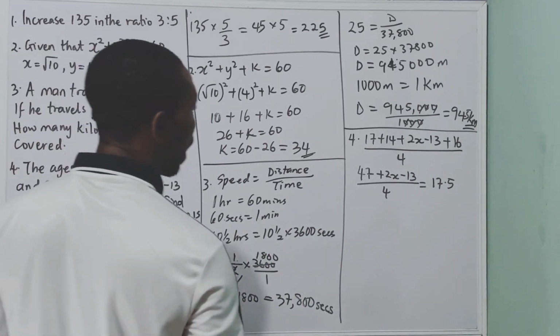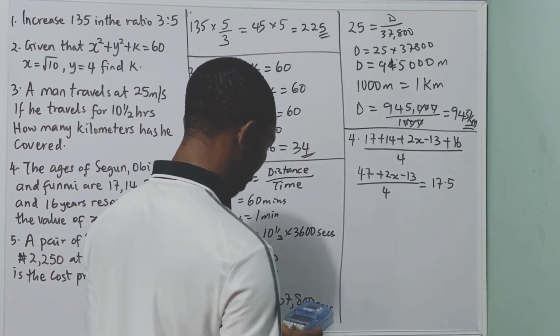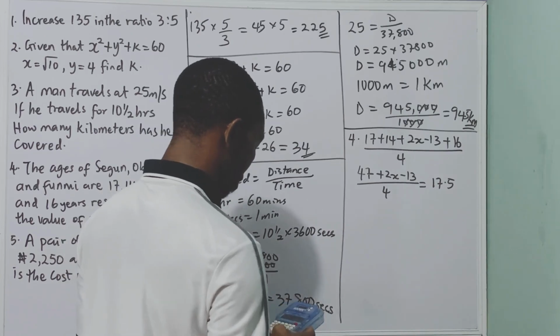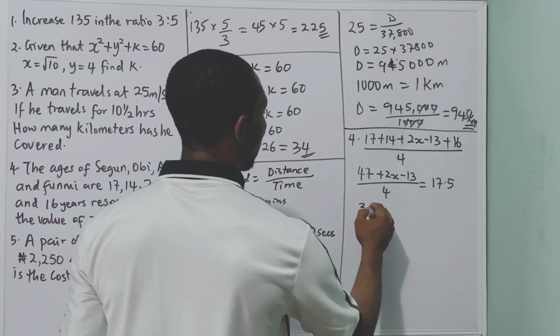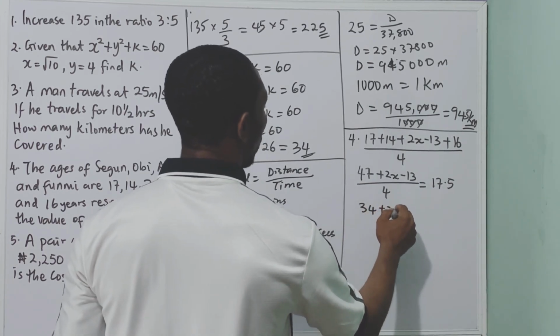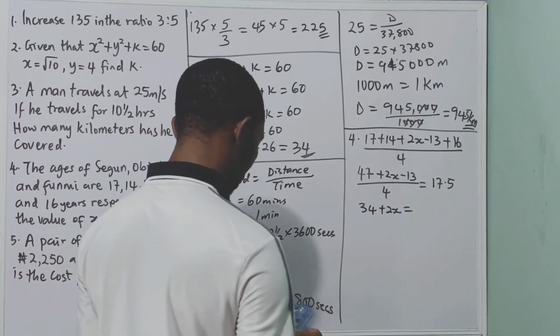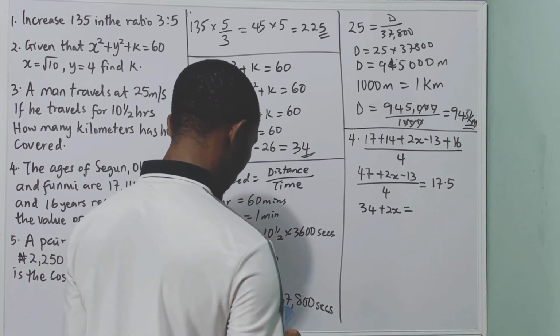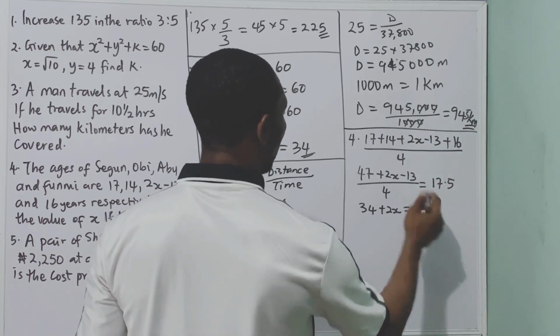Okay, so we have 17 plus 14 plus 16 minus 13 to give us 34 plus 2x equals 17.5 times 4, which is 70.